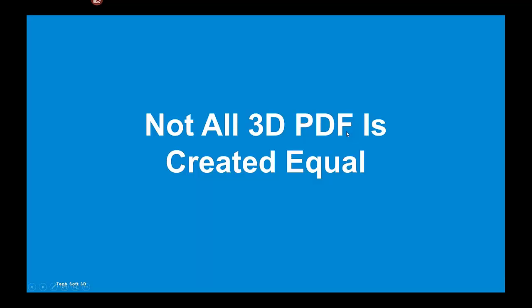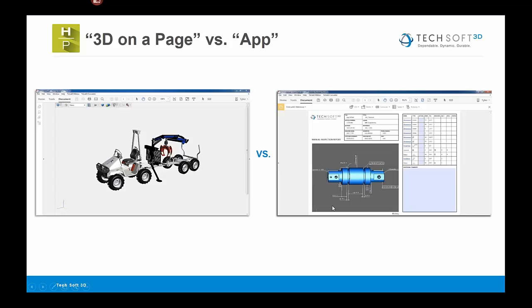One of the things that we want to point out, and where we're going to focus the next part of the conversation, is we like to say that not all 3D PDF is created equal. So we're going to explain to you a little bit about what we mean by that and the value that Hoops Publish brings in creating some of these higher value 3D PDFs. One of the things that we see, particularly among small companies, is the notion of what we call 3D on a page.